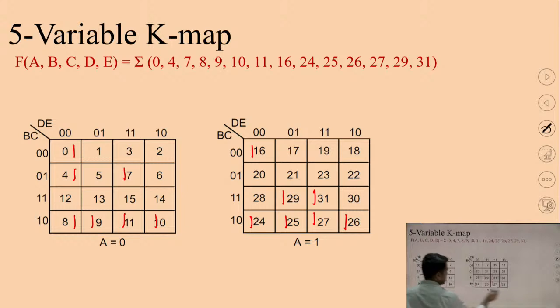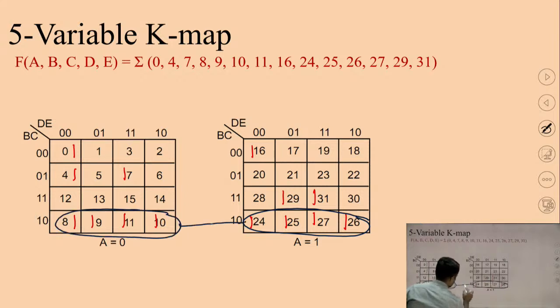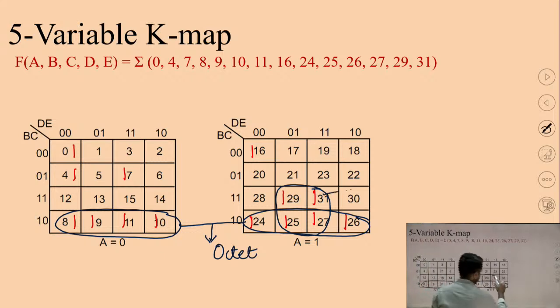I can simply see that there is one of these quads here and one of these quads here. So both these quads will make an octet, because these are appearing at the same locations. This is a square or a quad, but there is no other quad in the same location in the other K-map, so this will be a quad.